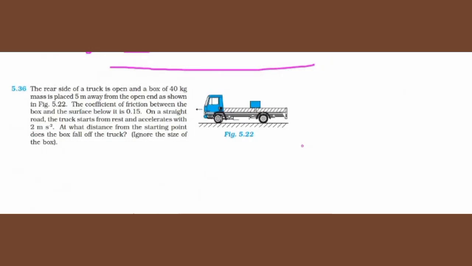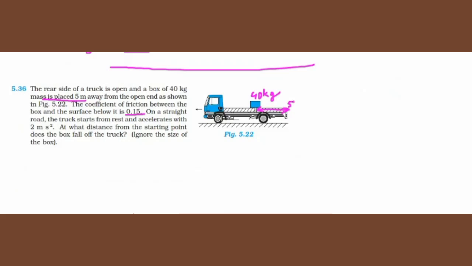Now, come to question 36. Go through the question. Here there is a truck. On the truck, there is a block of mass 40 kilogram. Coefficient of friction is given as 0.15. And the block is placed 5 meter away, so this distance is around 5 meter.